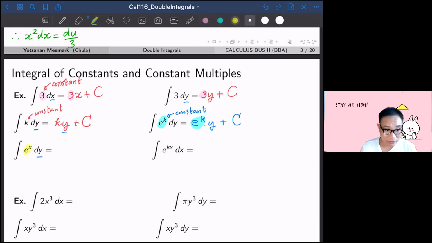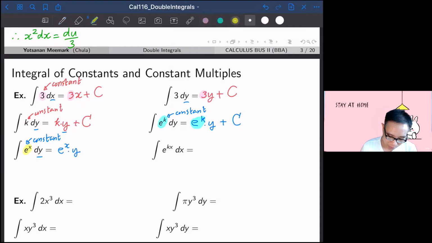Sorry, e to the x, it's not e to the k. And e to the x is not a function of y, so it's going to be constant. However, the constant in terms of x, it is constant in terms of x. So this one is going to be just e to the x times y.